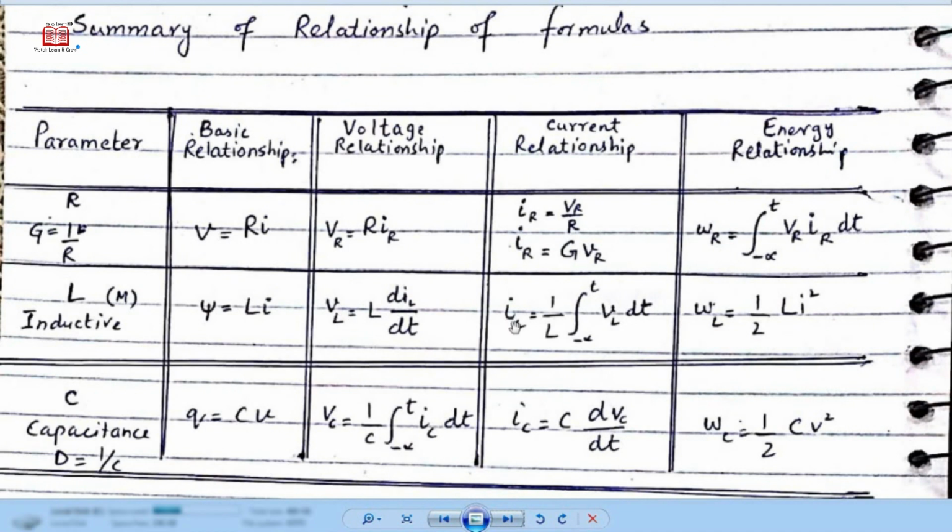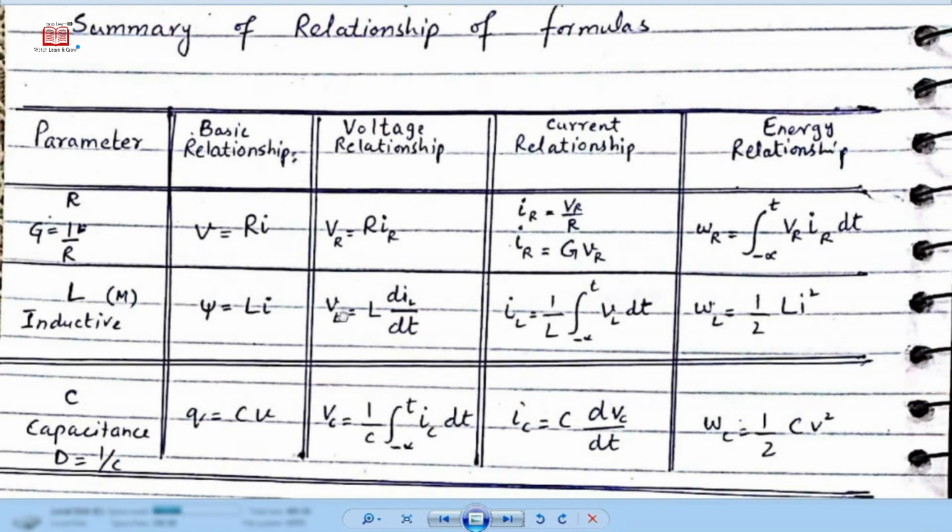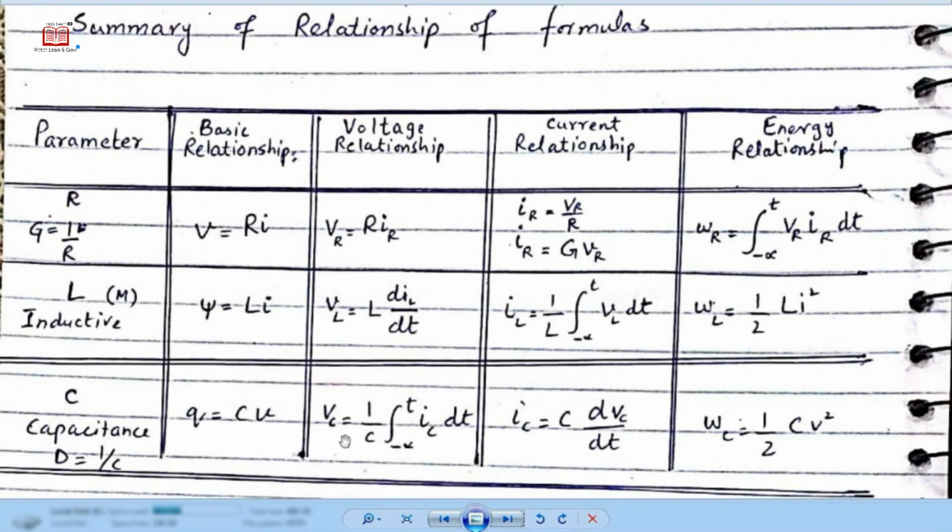In the case of the current, I is equal to, here L, here 1 over L, the reciprocal. Here derivation, here integration, here current, here voltage. So this is reciprocal, which means if you memorize this term, you can easily convert it into the current formula, and from this term you can also convert to the capacitive one, and these blocks are inverses of each other.